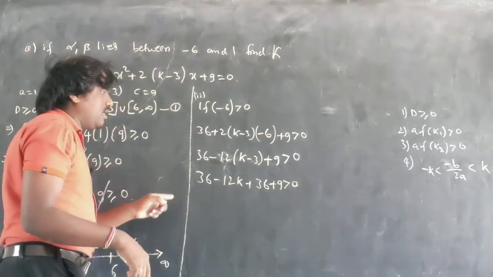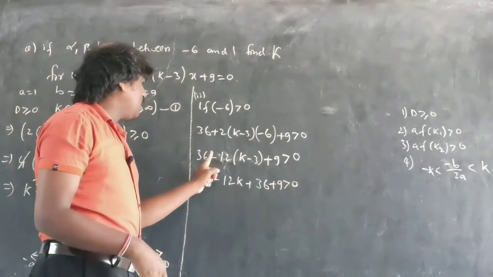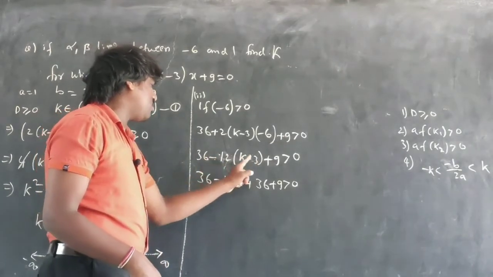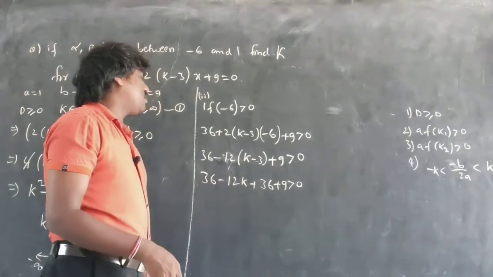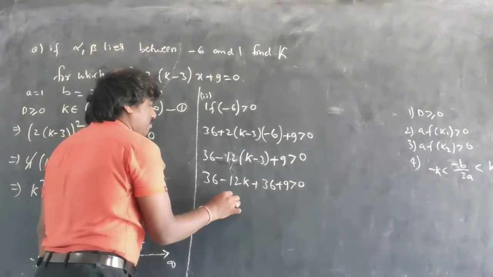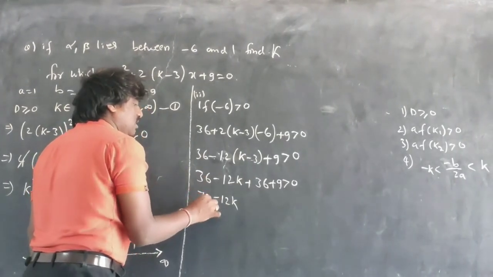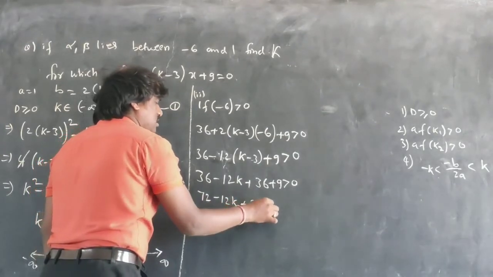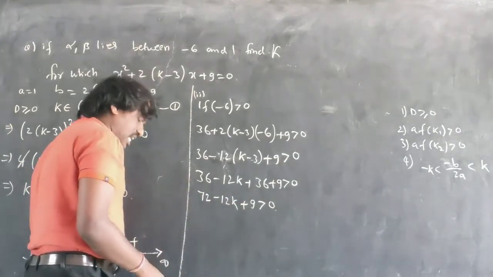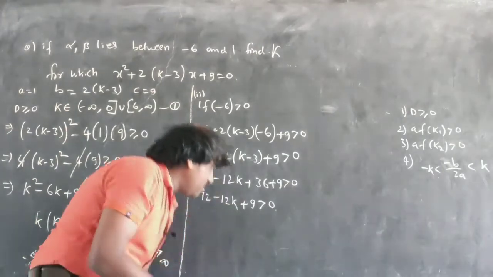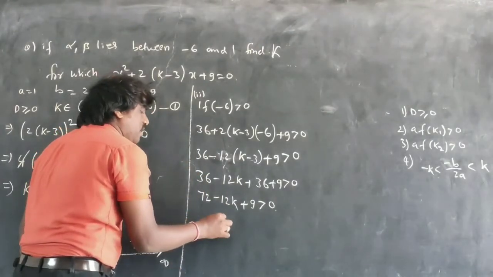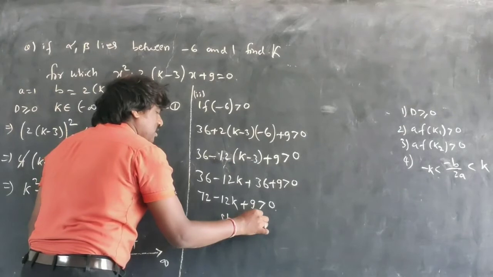So you got minus 12k, 36 plus 36 is 72, plus 9 is greater than 0. 72 plus 9 is 81. So we can write 81 minus 12k is greater than 0.